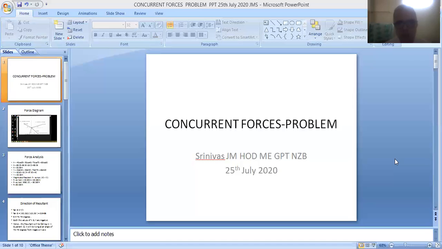That means changing the position from static position to dynamic position, and also changing dynamic position to static position of the body. So this is the basic definition of a force, and we are following the SI system.